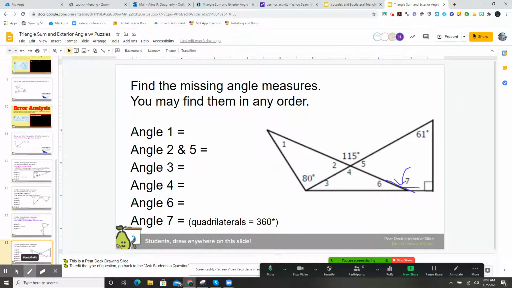So everybody's finding at least 4 angles. Yeah, of course.